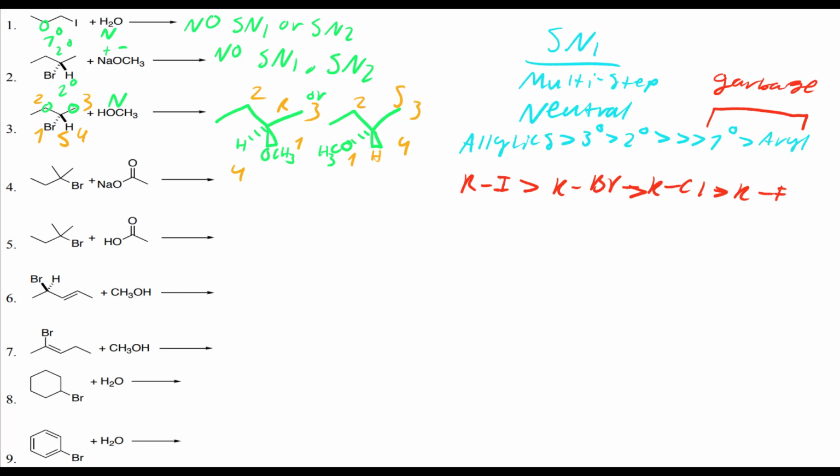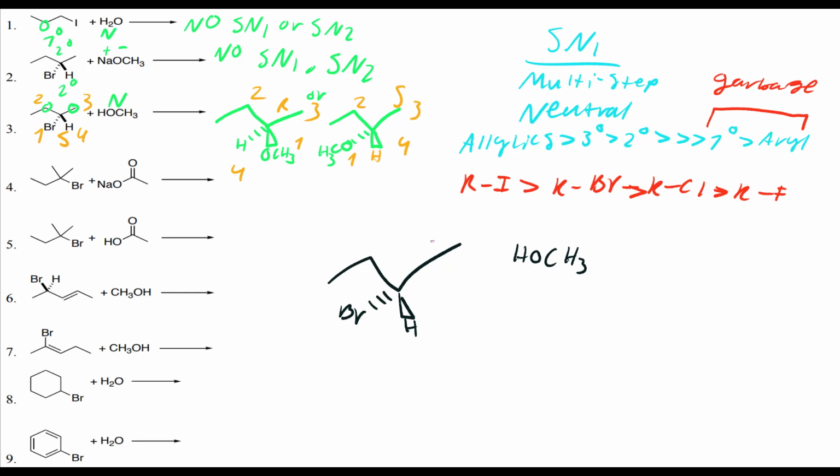And what happens? So we're going to draw our carbon skeleton again. Over here we have bromine. And we're going to be treating it with this solution of OCH3. Okay, so what happens here is that, well, I'm only going to do one of them, or you know what, I guess I'll do both of them just to kind of make you feel special.